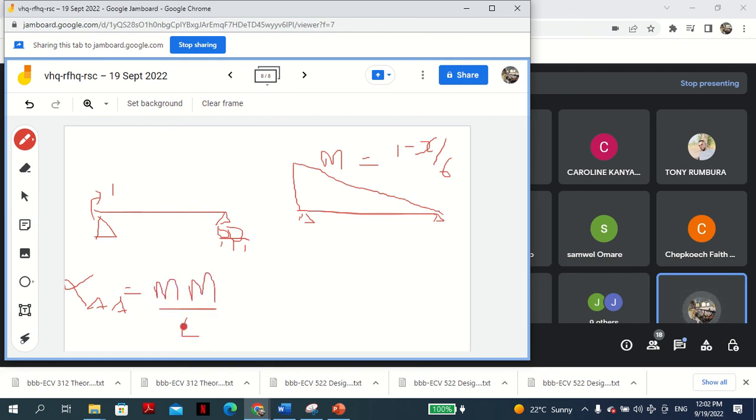You impose the diagrams like that and then integrate from 0 to L. So this would simply mean from 0 to 6 of 1 minus x over 6 squared.